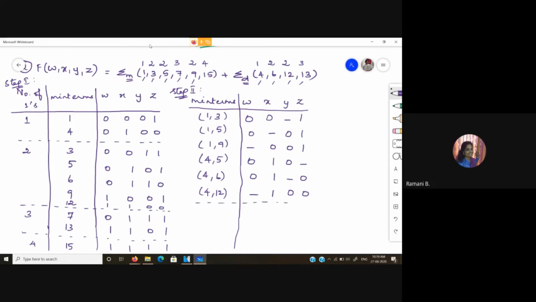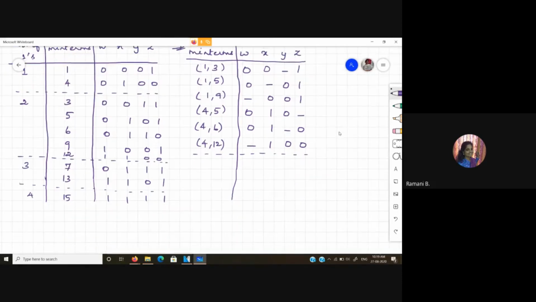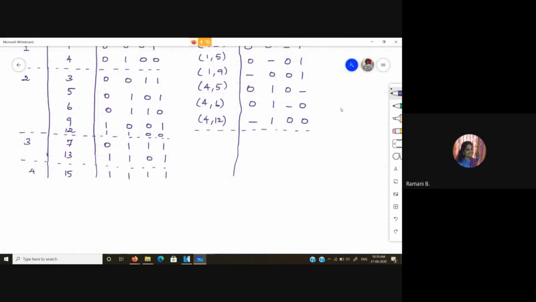So there are so many possible pairs in this. Next we shall move on to the next group, that is comparing 3, 5, 6, 9 and 12 with 7 and 13. So 3 comma 7 gives 0 dash 1 1. Then 3 comma 13, many variables change over there, so that's not possible.